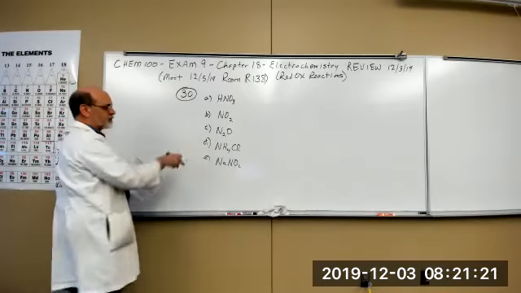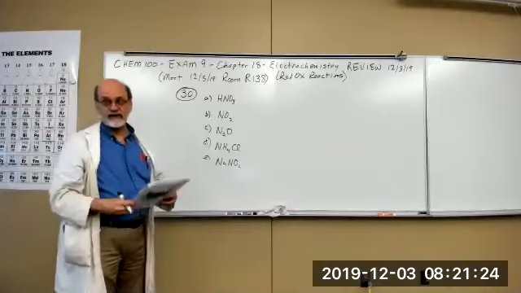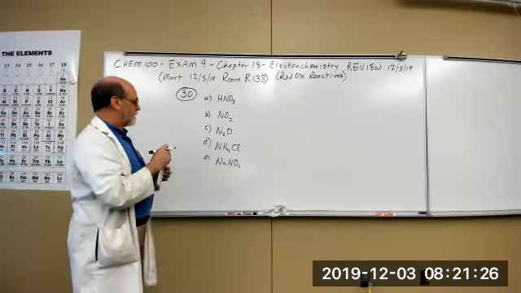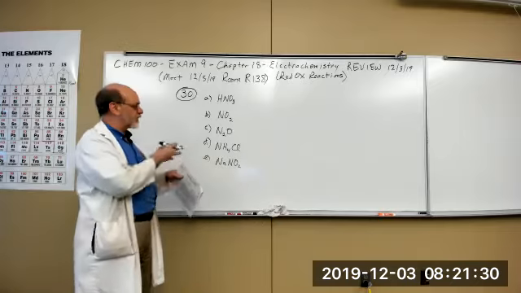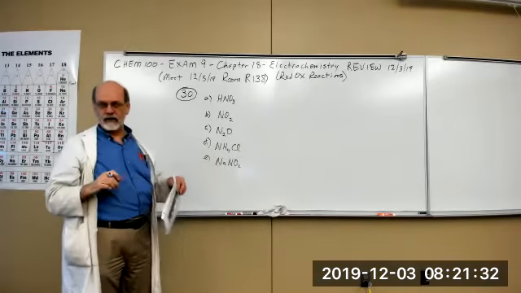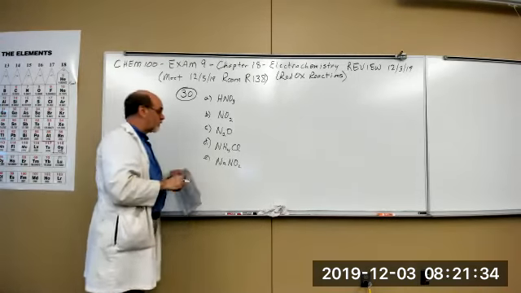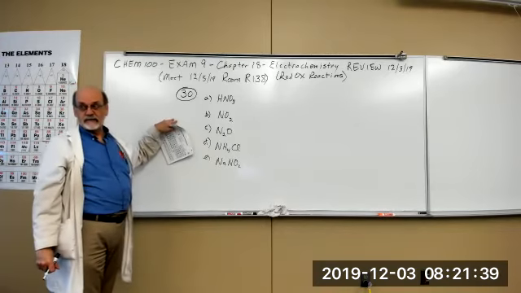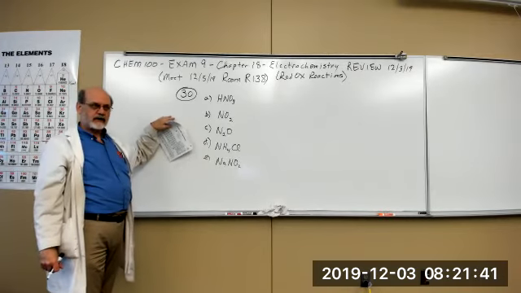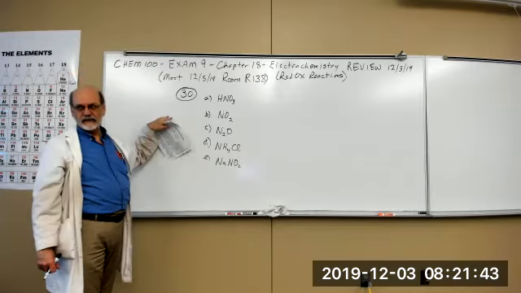So each one of these could be a different oxidation state. That's perfectly valid. So we're going to assume values for everything except nitrogen. That way we can calculate nitrogen. And remember, oxidation states are not necessarily reality. Oxidation state calculation is a bookkeeping technique.